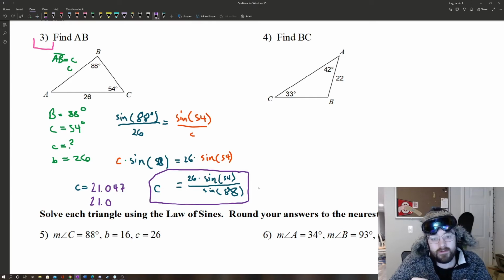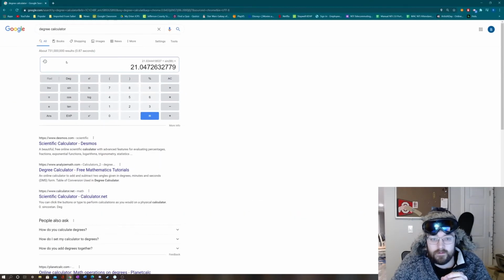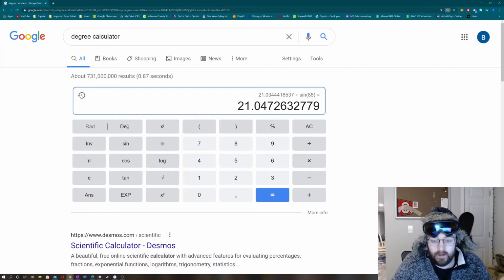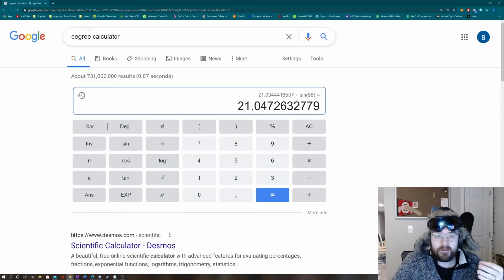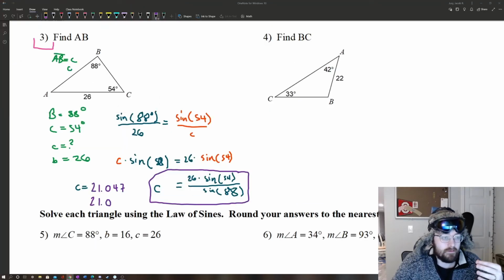So if you have to use an online calculator, just use the one that Google provides and make sure you've selected degrees here in the top left. Make sure degrees is highlighted, and it's very slight, but that will definitely change your answer.